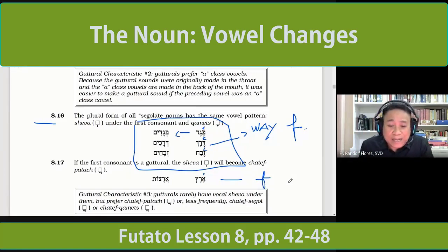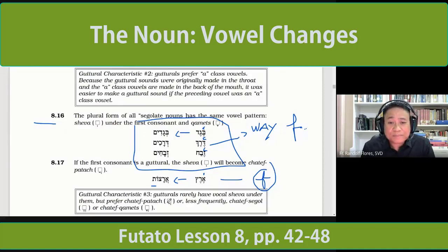Okay, eretz is feminine in form. Feminine gender. Notice how I pronounce it. Eretz, it's segolate. Now, the plural, it's feminine, so you have the feminine ending, -ot. Okay. But notice the reduction.